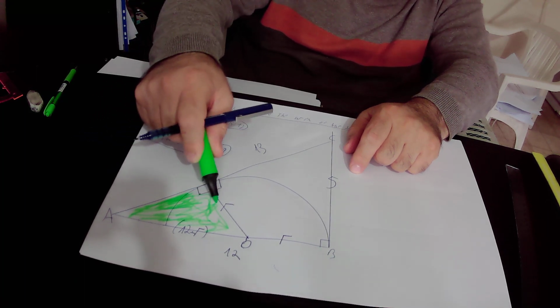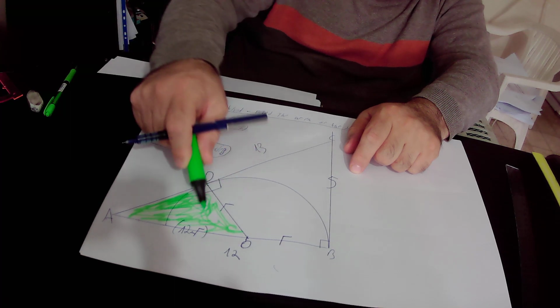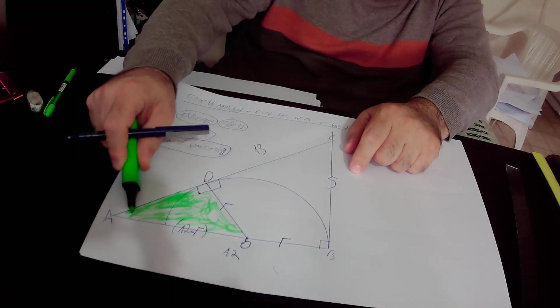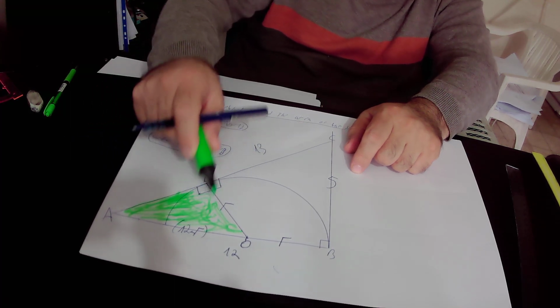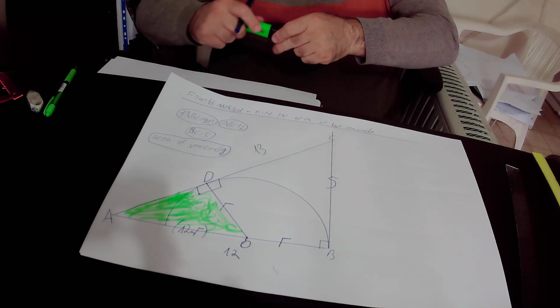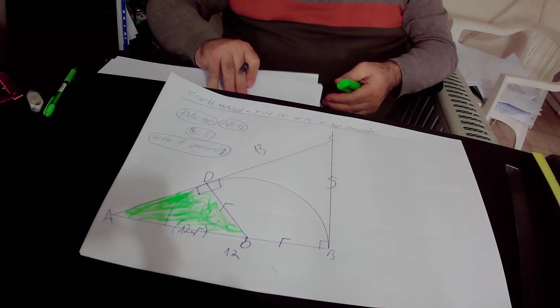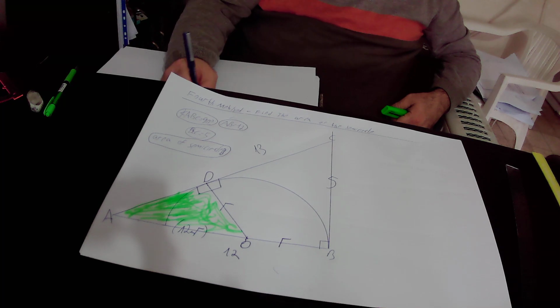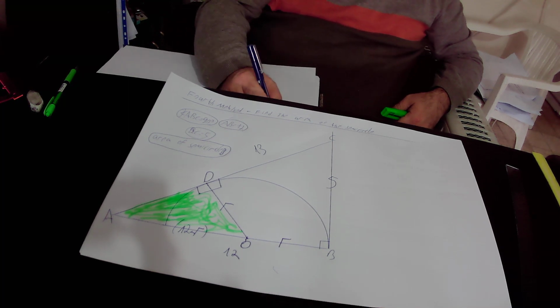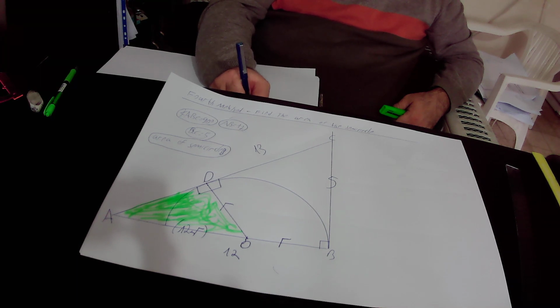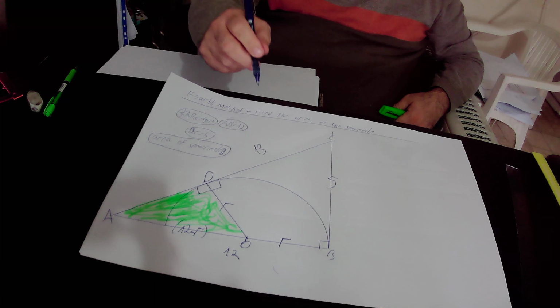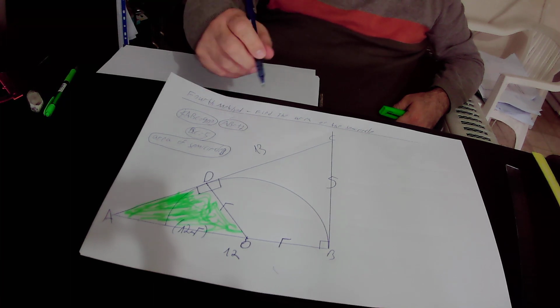And we will actually prove that those two right triangles are similar to each other. So we'll prove that the big right triangle, triangle ABC, is similar to the small green triangle, triangle ADO.